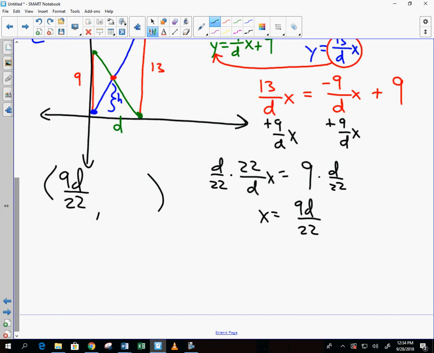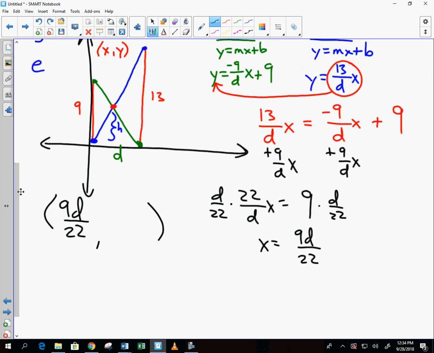Now, I know you don't like that because it has a variable in it, but look at the coordinate. If we want to know the height at which it crosses, is that going to be the x value or the y value? The y value. Well, I have the x value. I don't have the y value. So if I have the x value, what do I do with the x value to find the y value? Plug it in.